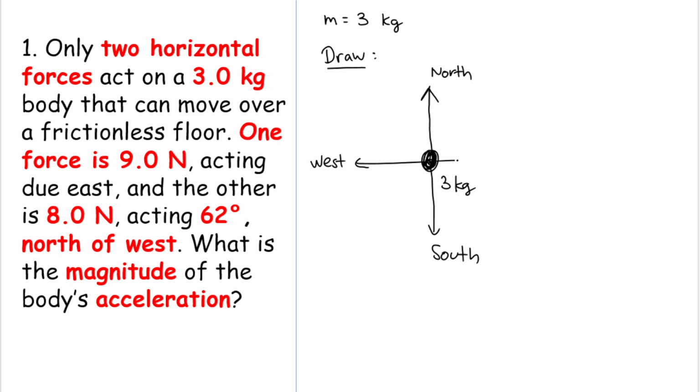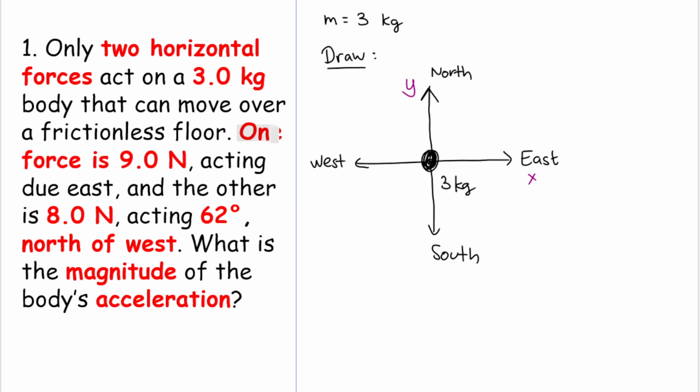And to the right we will have east here. But we are working on a physics problem. We need the x and y axis. So let's assume that our east here is the x positive axis, and the north is the y positive axis.